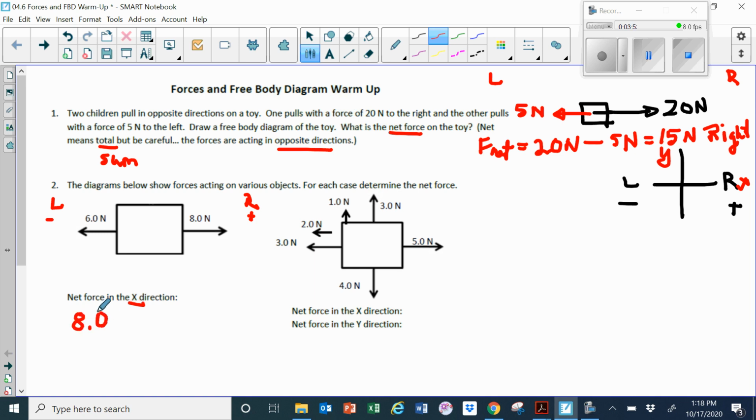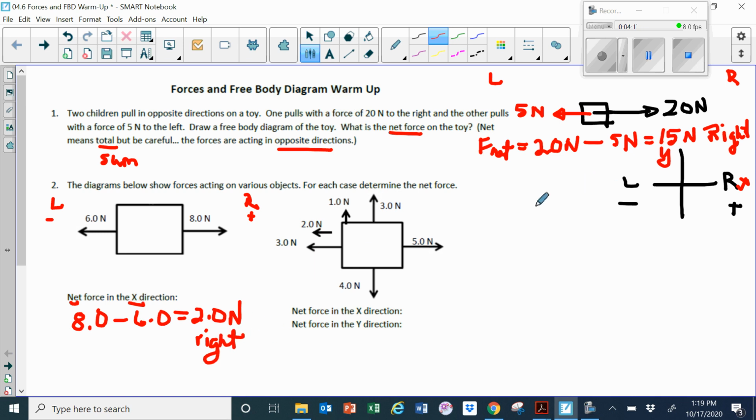That's positive because it's to the right. Minus, I'm summing these together, the sum of the forces, the total force, minus 6. And the answer is going to be 2 newtons. And since it's positive, it's going to be 2 newtons to the right. That is the net force acting on this object.